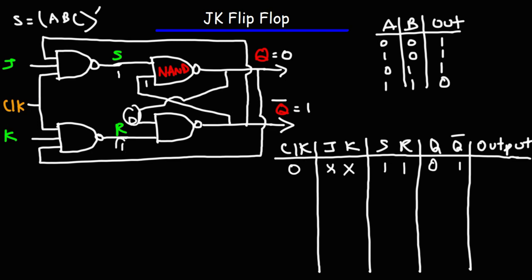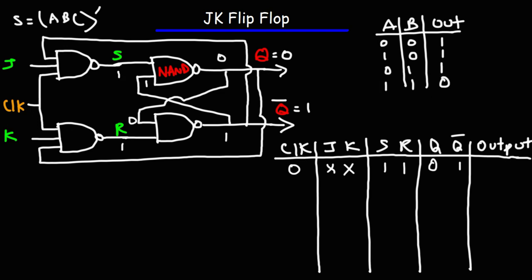A 0 and a 1 will give an output of 1, which is the same as Q bar, so it's not going to change Q bar. And for a 2-input NAND gate, if the two inputs are 1, the output will be 0, which will not change Q because Q is already 0.